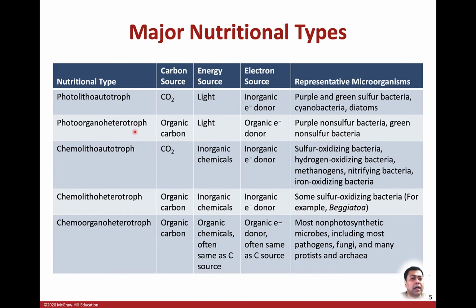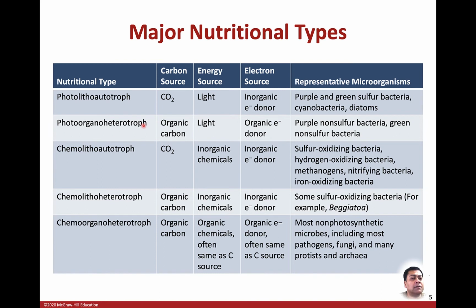Photoorganoheterotrophs, on the other hand, the carbon source is organic carbon. And they need light energy. Organoheterotrophs, organo means that they need the organic material, which is already preformed by some autotrophs.